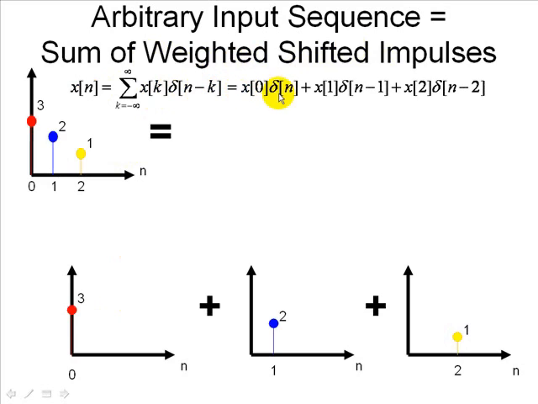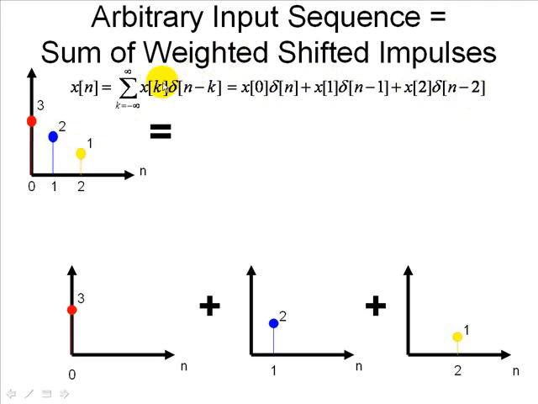Since we have 3 numbers, we have 3 terms: one located at n equals 0, n equals 1, and n equals 2, weighted by x sub 0 for k equals 0, x1 for k equals 1, and x2 for k equals 2.